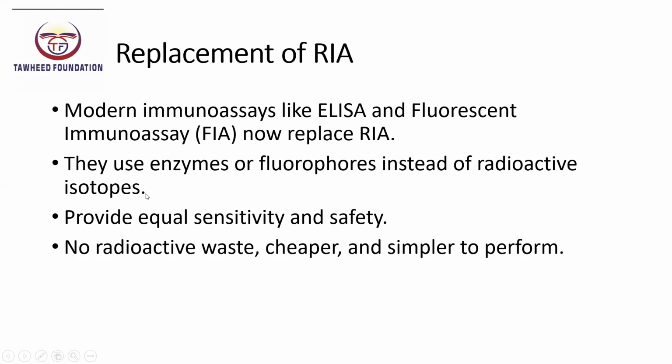These newer methods are safer, cheaper, and easier to perform, and they eliminate radioactive waste management issues entirely. Furthermore, they can achieve equal or even greater sensitivity through signal amplification methods such as chemiluminescence or biotin-avidin systems. Thus, the evolution from RIA to ELISA represents a major advancement in immunodiagnostics, combining sensitivity with safety and efficiency.